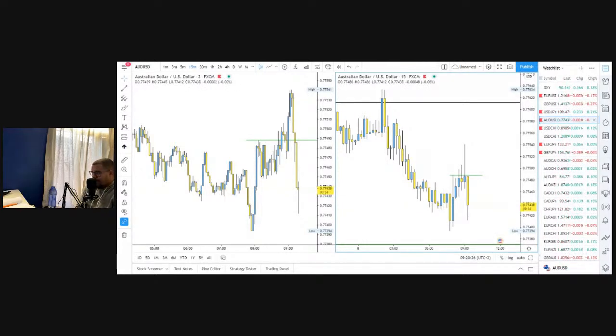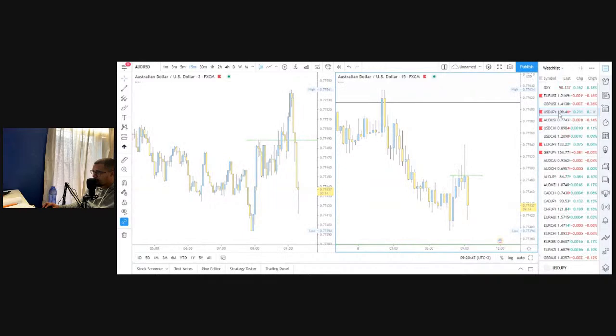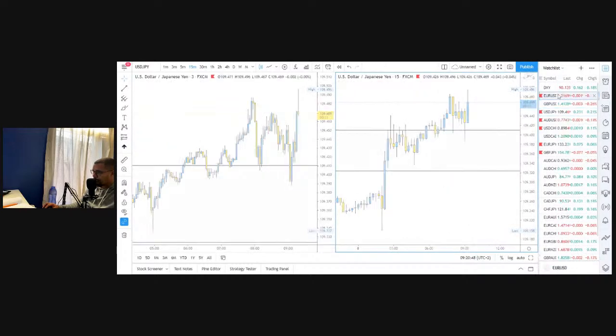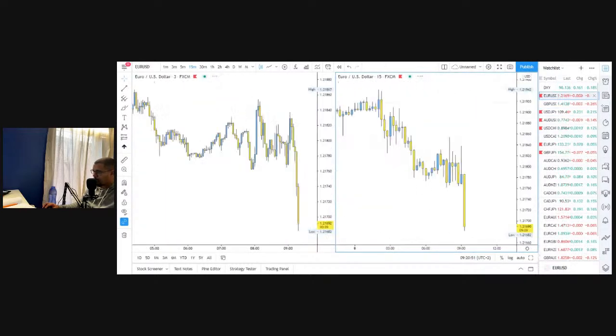So let's keep an eye, guys. We are 20 minutes into London, 50 minutes into our trading session. Let's keep an eye out for mostly AUD USD, USD CHF, maybe USD JPY, and you can also add Euro USD to that mix.